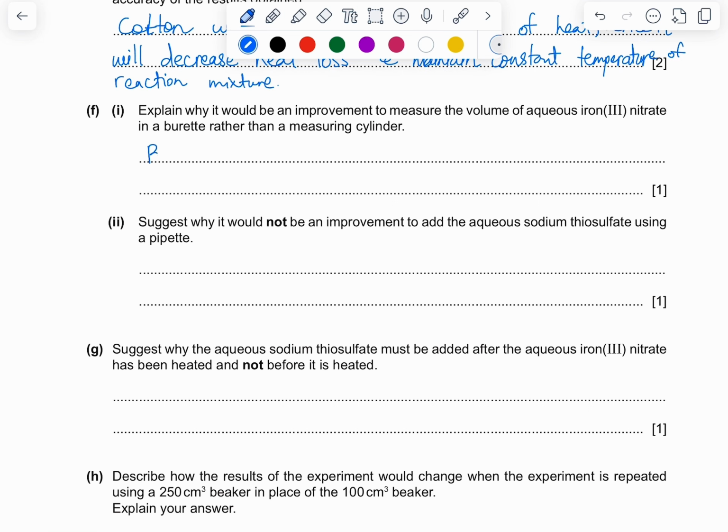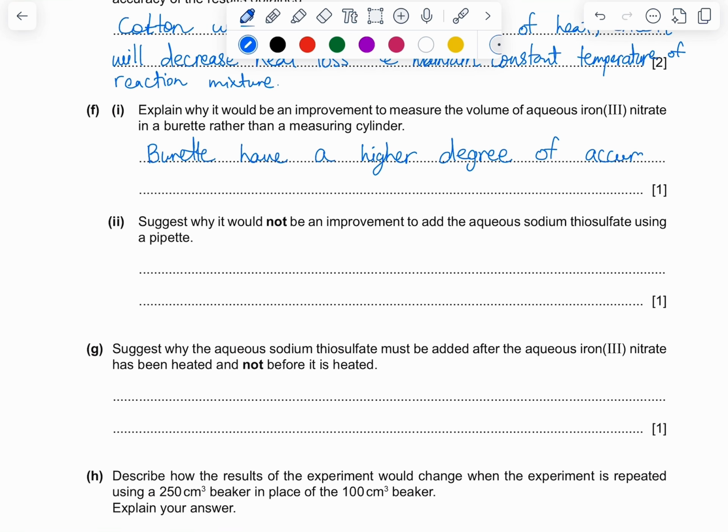So burettes have a higher degree of accuracy compared to a measuring cylinder. I believe they are actually 10 times more accurate because they have an extra zero point 0.1 ml to which you can measure stuff.